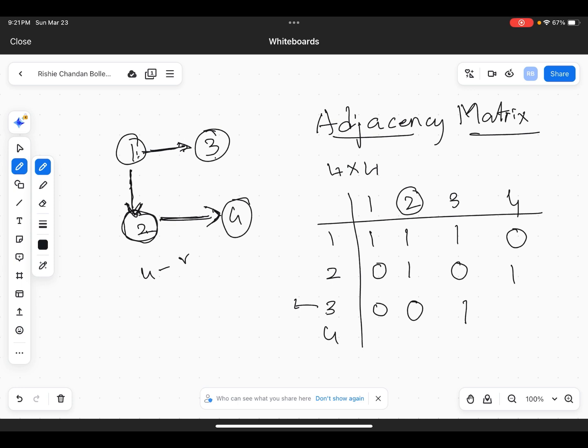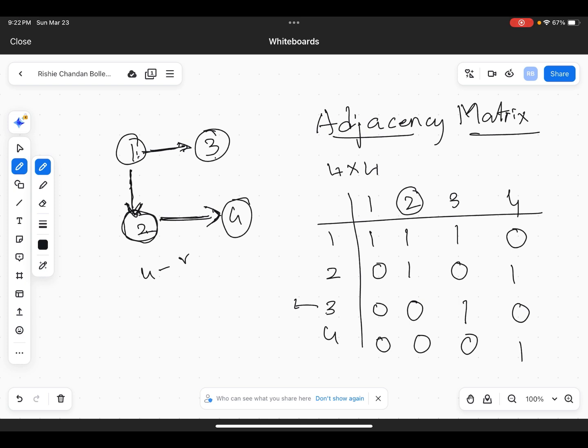Is vertex 4 directly reachable from 3? No, not again. And coming to vertex 4, is vertex 1 directly reachable from 4? No. Is vertex 2 directly reachable from 4? No. Is vertex 3 directly reachable? No. Is vertex 4 directly reachable? Yes, because it's the same vertex.